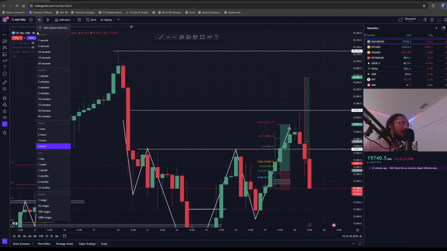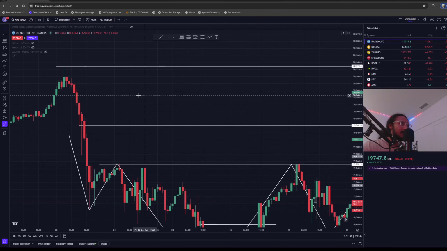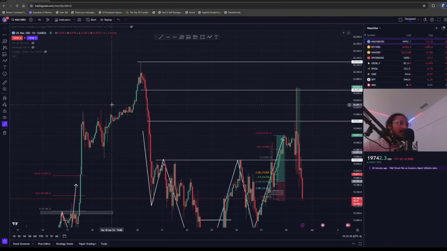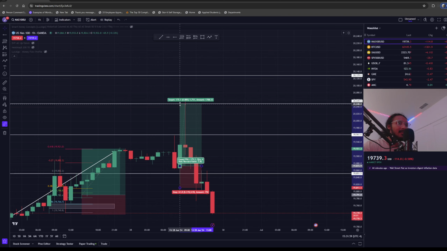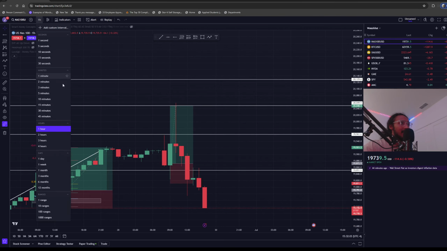Where were we at on the TP? We closed, I want to say, this candle. Yeah, that was definitely it. So we closed basically around there, with almost zero risk on the trade. It just ripped up immediately.